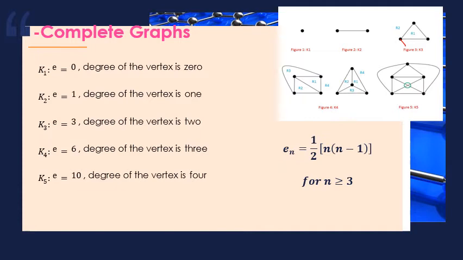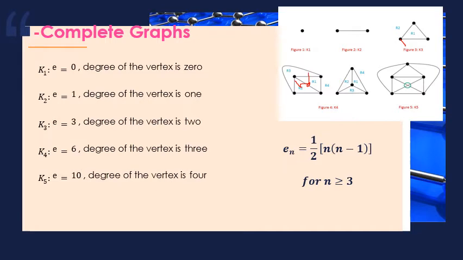For the fourth figure, count the edges: 1, 2, 3, 4, 5, 6, so there are 6 edges. Then for the degree of the vertex, look at how many lines are connected to each vertex: 1, 2, and 3. So the degree of the vertex is 3.